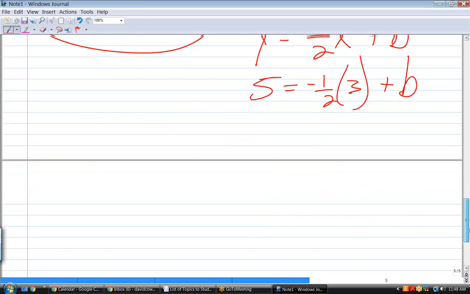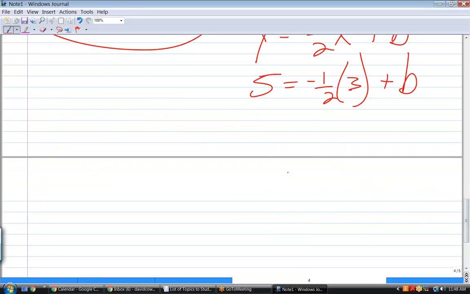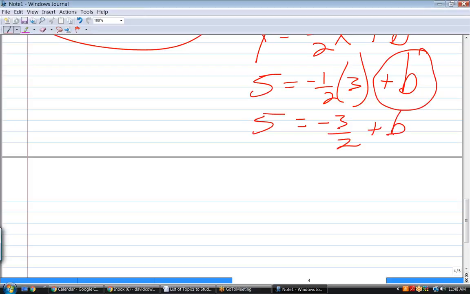And then that would be 5 is equal to... trying to solve for b. Yeah, so it'd be -3 over 2. 5 is equal to -3 over 2 plus b. And then you would add 3 over 2 to both sides.